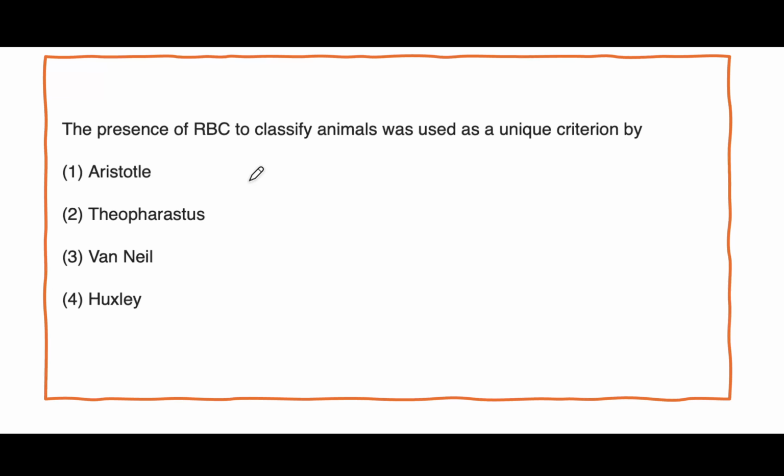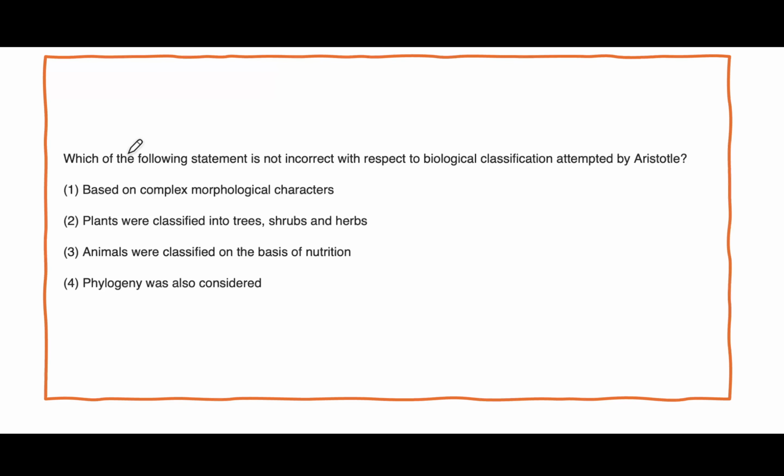Second question: the presence of RBC to classify animals was used as a unique criterion by whom? Is it Huxley? Yeah, the answer is Aristotle.